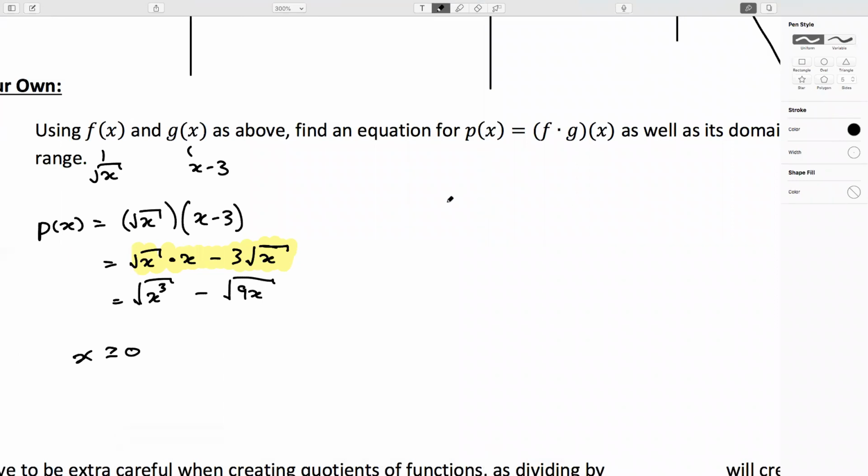The graph itself is going to swoop down and then quickly increase. It's going to have a minimum, and we can use that minimum to figure out our range. The range is going to be y is greater than or equal to -2.